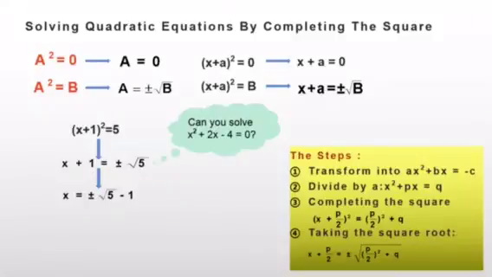Now, in this case, there wasn't a coefficient before the x squared, so we didn't have to really do step 2. But if there is, an easy way to get rid of it is to divide both sides by a to get x squared plus p x equals q, in which case p is b over a, and q is negative c over a.